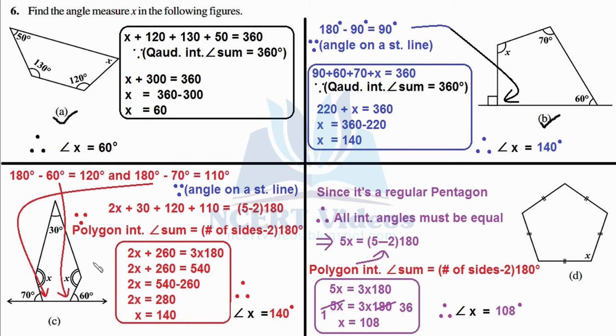So why did we write 2x? Because x plus x will give us 2x, so we wrote straight away 2x plus 30 this angle, plus we have found these 2 angles, that is equal to 120 degrees and 110. Over here we found it. That equals, how many sides do we have?